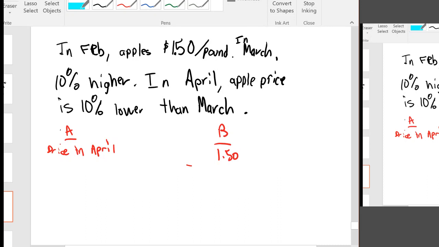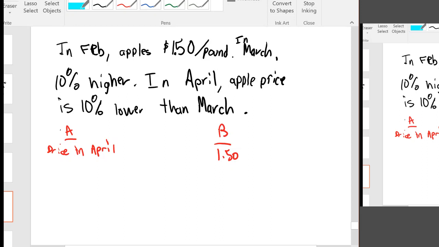So most people look at this and just say, well, they're going to be equal because it's 10% up, 10% down. That's not how it works. All right. How you would go about this is, first I'm going to determine the price of the apples in March. You can do this via proportion.